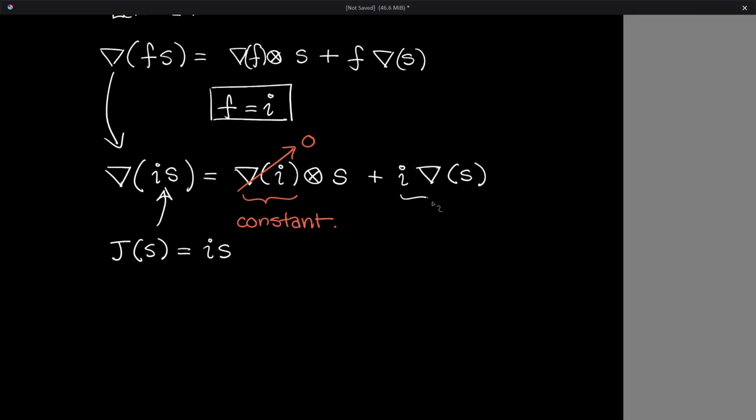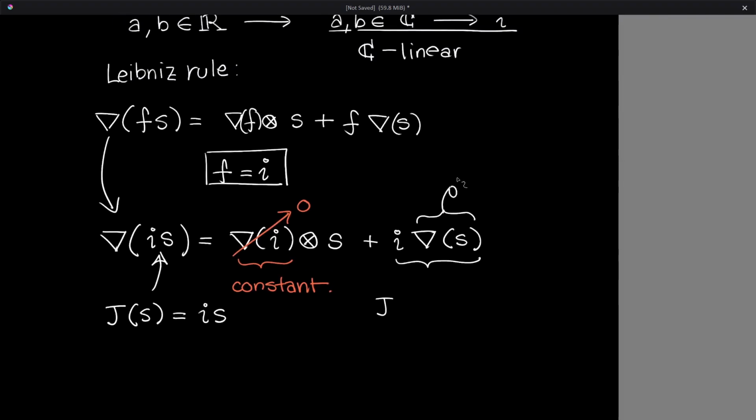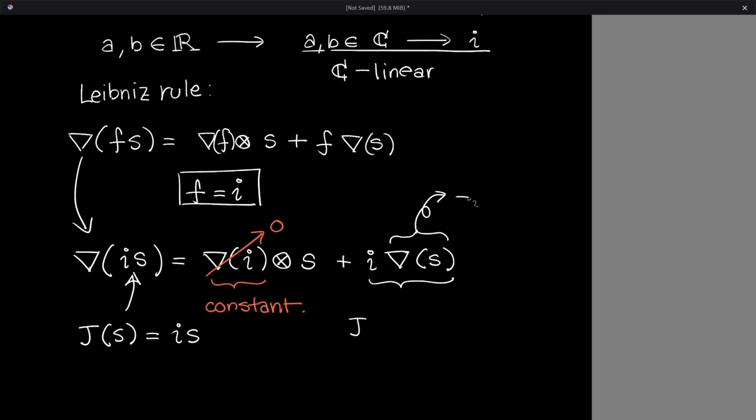And here we have to be a little careful. We have to extend J because J actually takes a vector field, right? But this is not a vector field. This value here is an Omega 1 form tensor producted with a vector field, right?